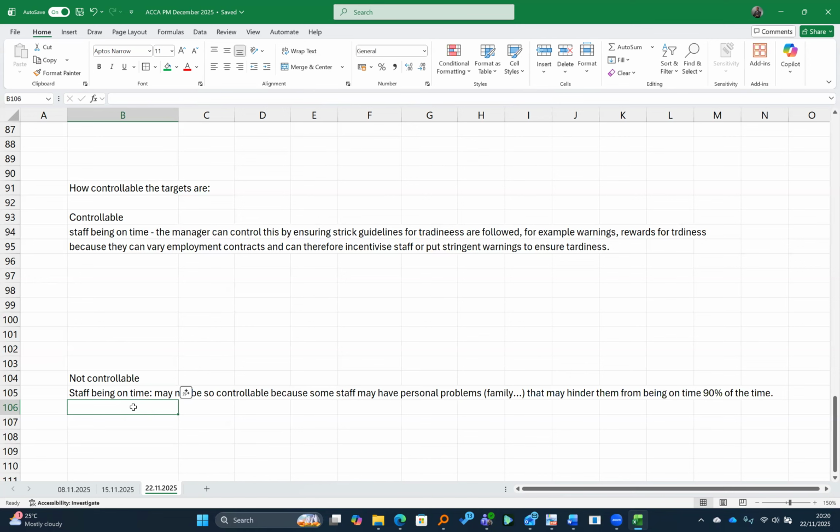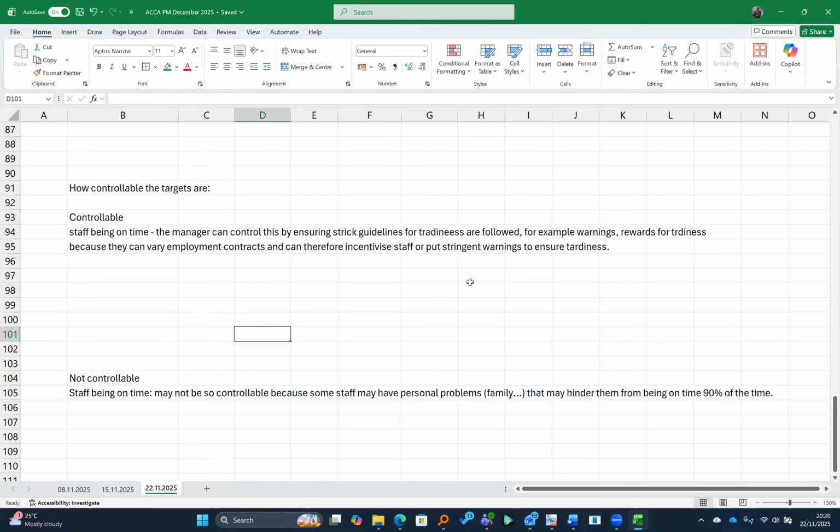You'd be able to manage, but sometimes when you wake up, maybe somebody is sick, you need to first go to hospital. Maybe you didn't have a good night because you have relationship problems, your wife, something really. And therefore you are not able to make it on time all the time.